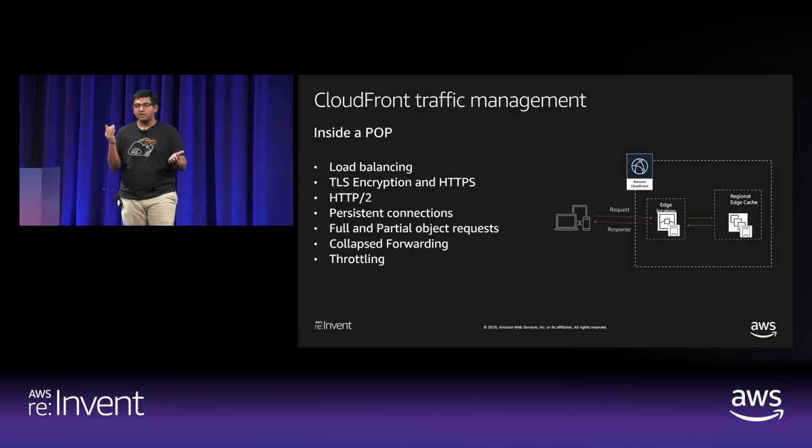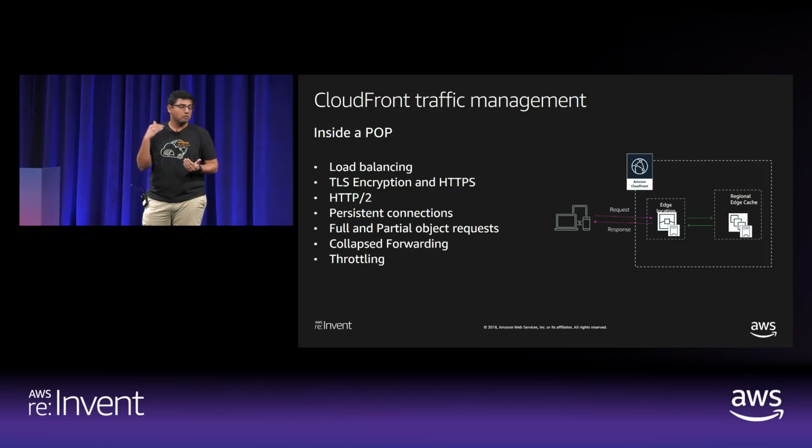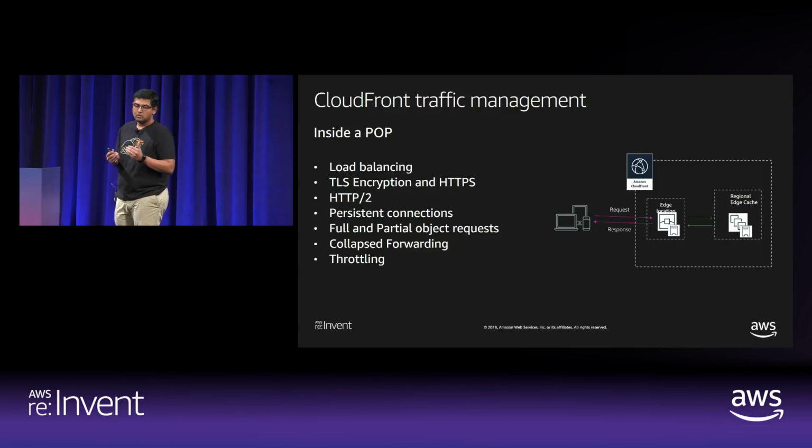Now, to ensure that there's a consistent level of performance for different viewers requesting different types of content, we have load balancing for the various servers that are present. And this helps us avoid any hotspots with regard to popular objects, or just route around any bad hosts due to bad hardware or any other reasons.